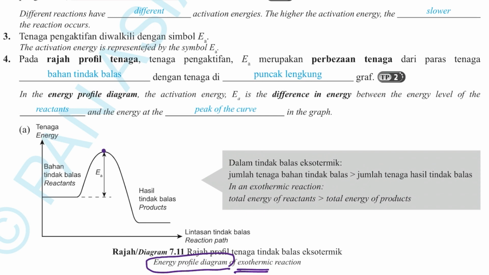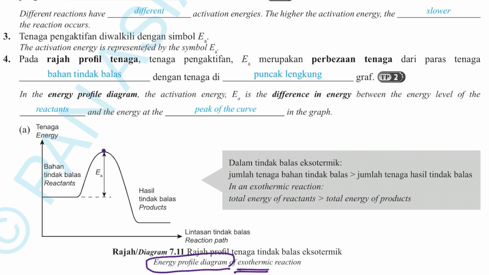Okay, if you still remember in Form 3, the reaction has two types. One is an exothermic reaction. The other one is endothermic reaction. Exothermic reaction is the reaction that releases heat energy to surroundings. Actually, in chemistry, we will learn this in detail.